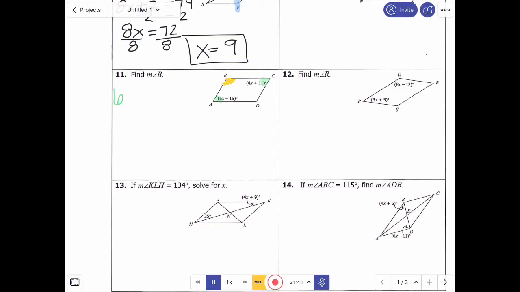So if I know angle A and C are congruent, I'm going to set them equal to each other. 4x plus 11. And then I can solve for x. So I'm going to add 15.